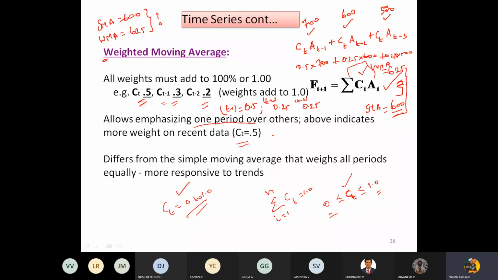For example, if it is 700, there will be some additional losses that we normally don't consider, but in some cases those losses will be considered, right?